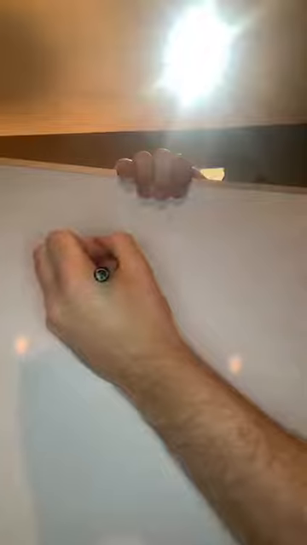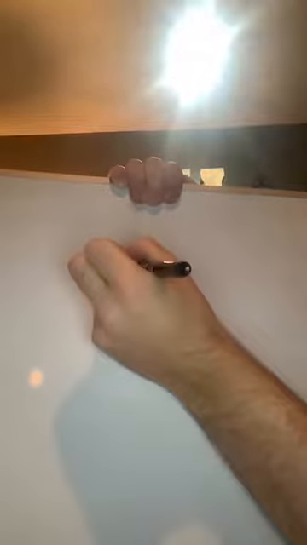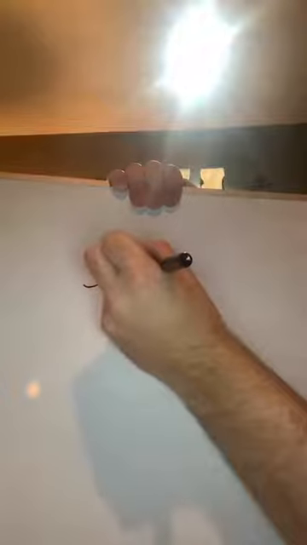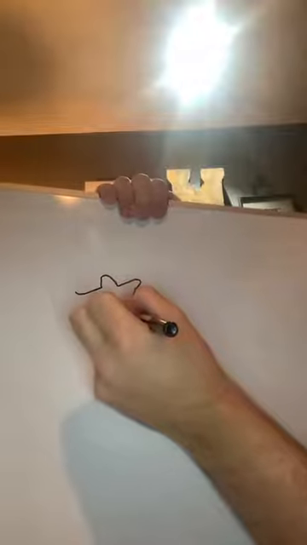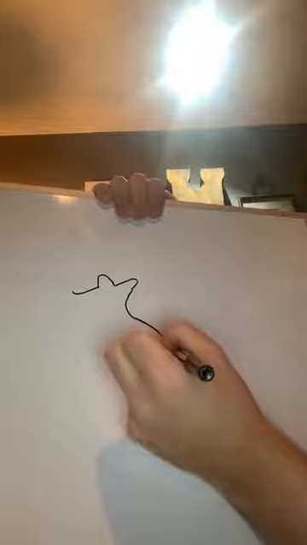And then you're going to want to draw a triangle there. Kind of round it off. Then come back down. And you're going to want to go out like that. And then it's just kind of a curved line.